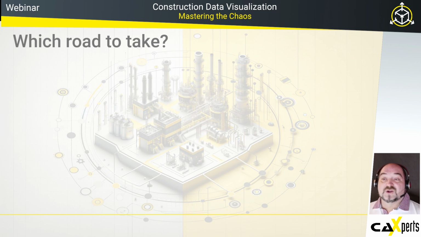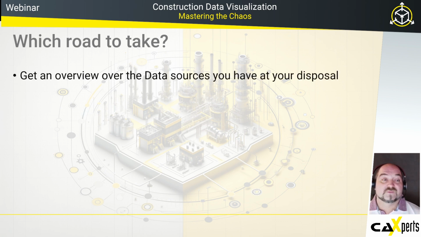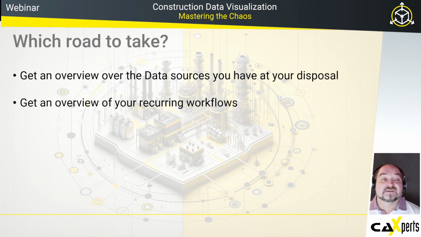So, which road to take? Well, first of all, you need to get an overview of the data sources you have at your disposal. So before doing any data integration, communication, or whatever, you need to know, what do I have at hand? Then the next thing is get an overview of your recurring workflows or general workflows. So how do I work?